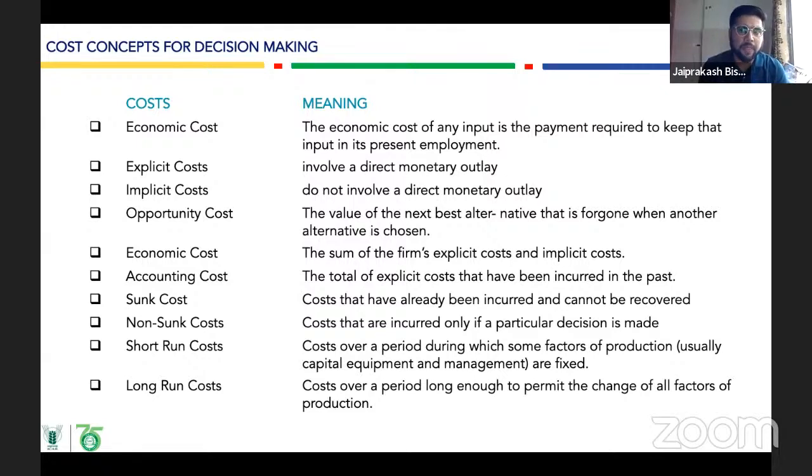For example, I am a farmer, and I have invested 100 rupees on fertilizers. And if I could have been engaged in Narega activities, I could have earned 100 rupees per day from Narega activities. But I have not been engaged in Narega.